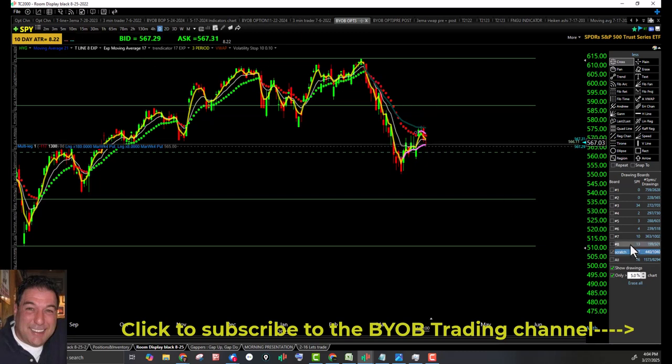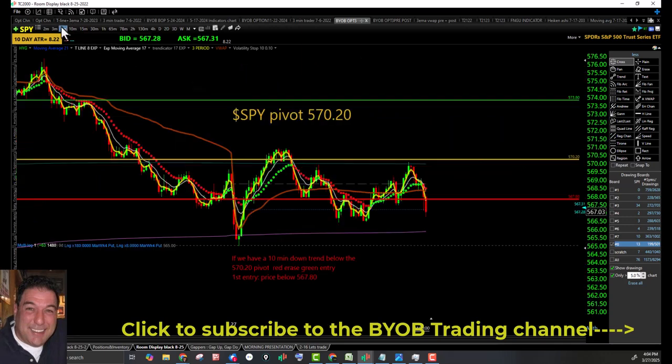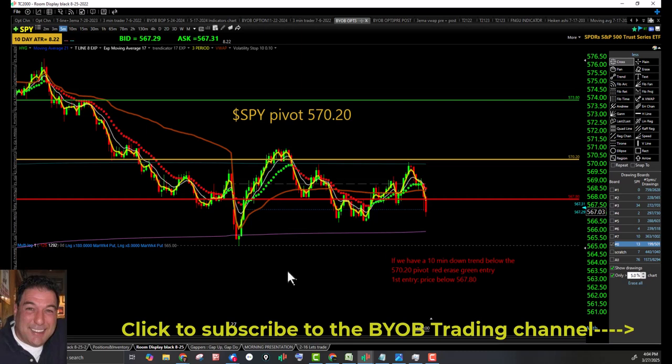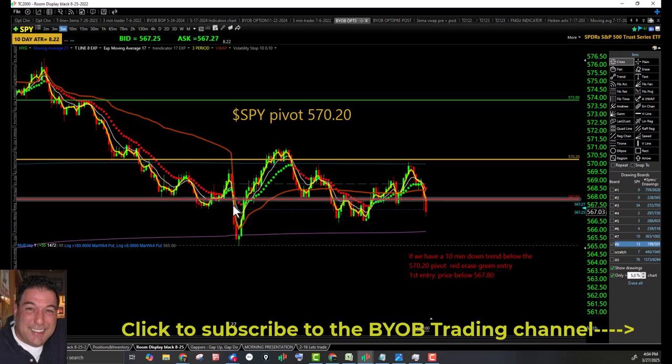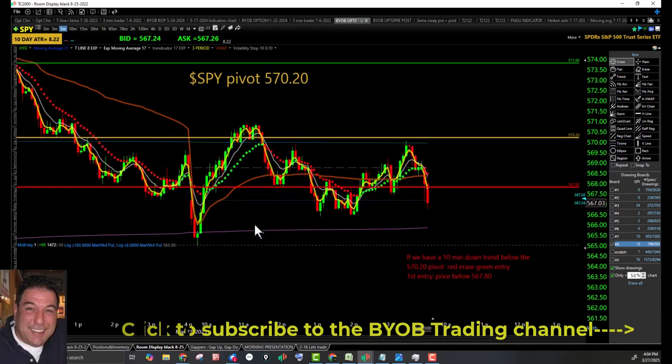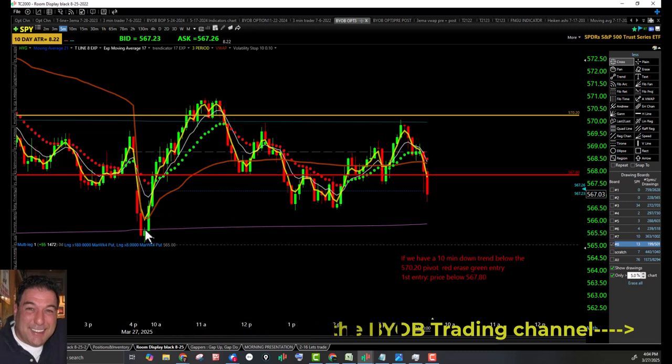Let's take a look at the game plan on the 5-minute. All right, so we had a little bit of an edge today. We took the 5-minute downtrend right here early in the morning, right into this line, and then we took profits there.